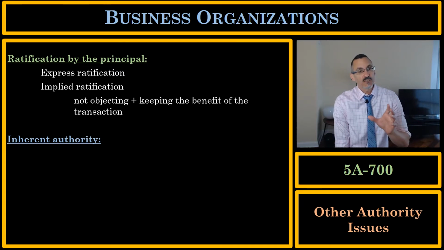They don't expressly ratify it, but they go through with the transaction. So they perform under the contract, and more importantly, they accept performance from the other party. If they accept performance by the other party, knowing they didn't have to, and without objecting to it, then they have implicitly ratified the actions of the agent.